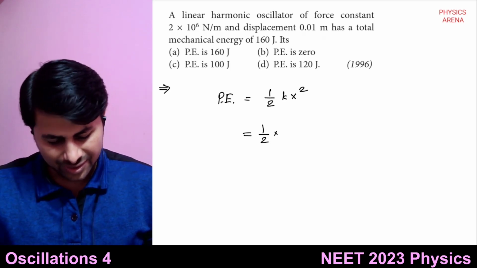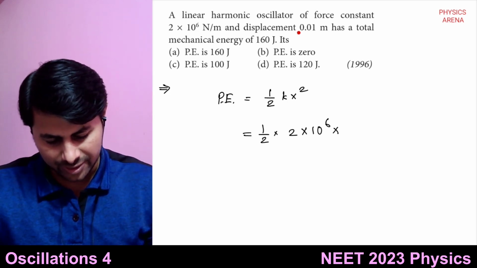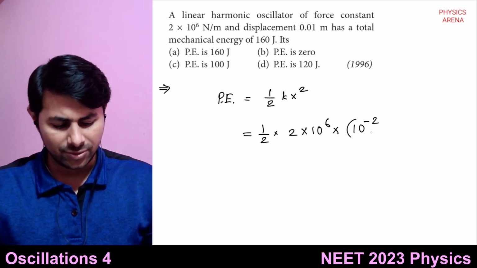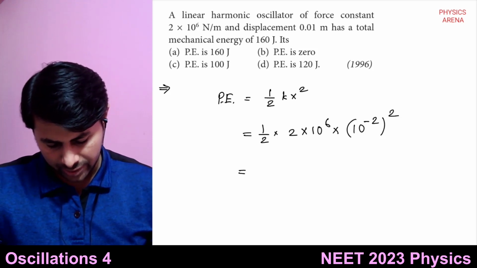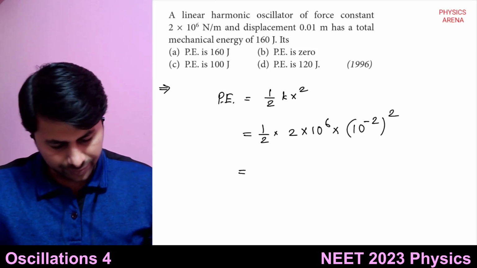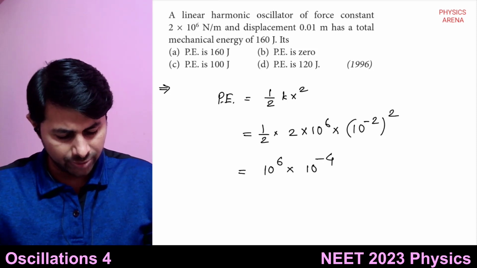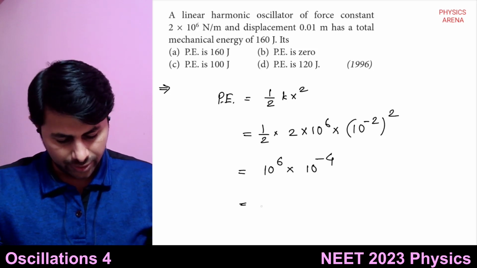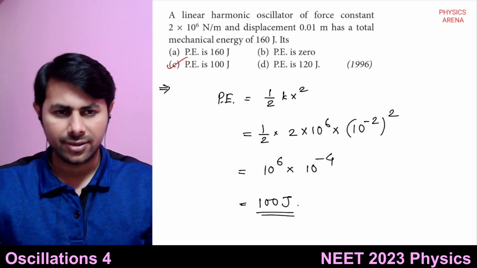Half of k, 2 multiplied by 10 raised to 6, multiplied by the displacement 0.01, which I can write as 10 raised to minus 2, and we have the square of that. So this 2 and this half get cancelled. We have 10 raised to 6 multiplied by 10 raised to minus 4, that's 10 raised to 2, 100. So 100 joules is the answer, option C.